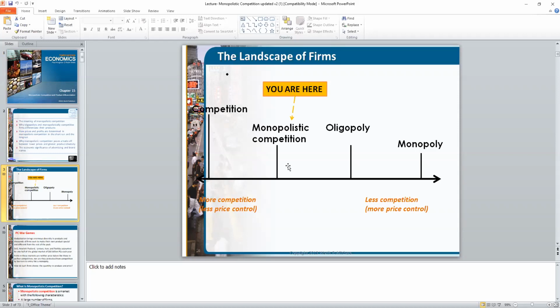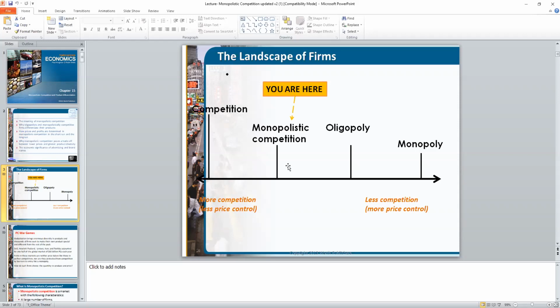And so one of the areas is monopolistic competition, where through a variety of ways firms try to differentiate themselves. Sometimes it's through branding, sometimes it's through advertising, sometimes it's through location, sometimes it's through service. But there's a variety of different ways that companies can differentiate themselves.